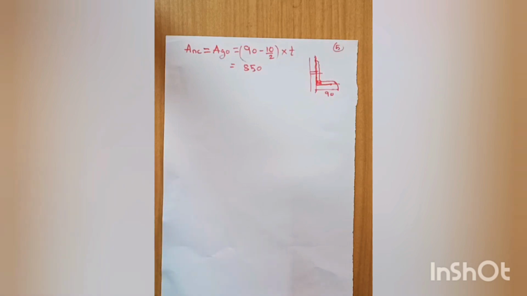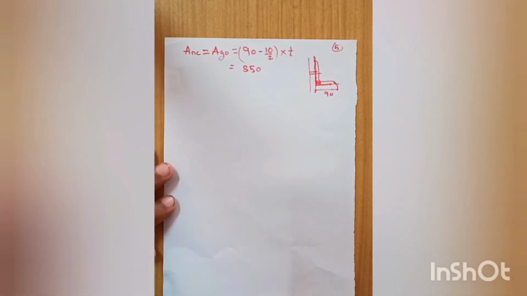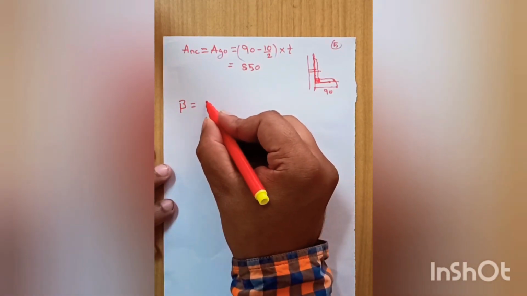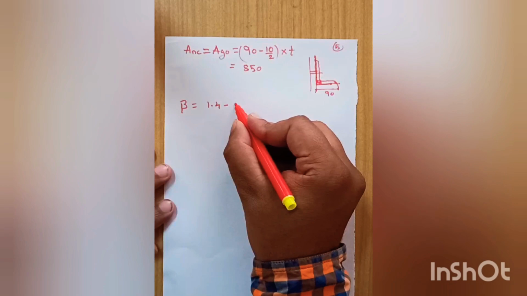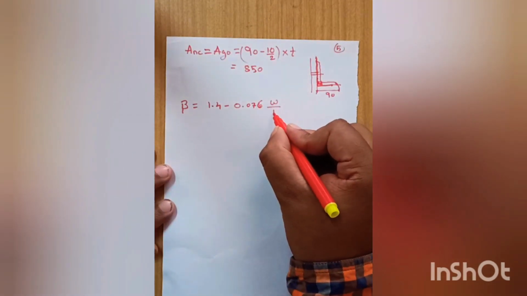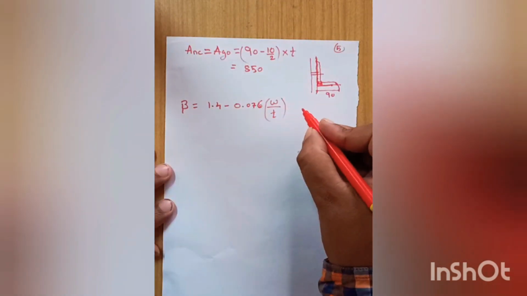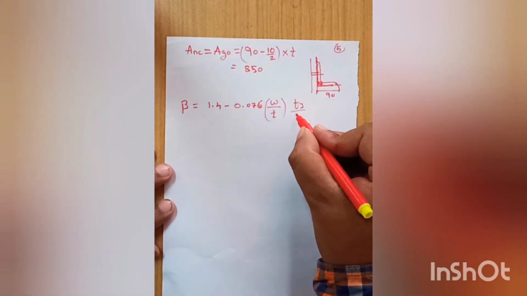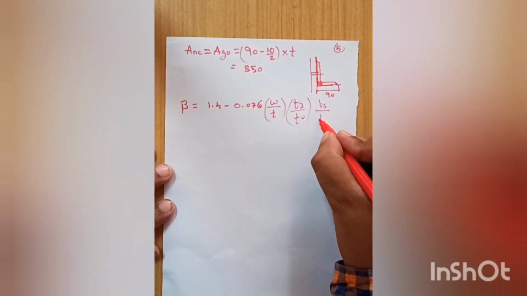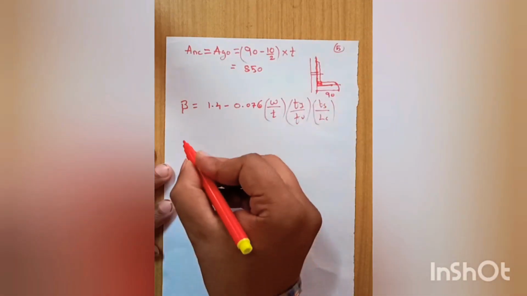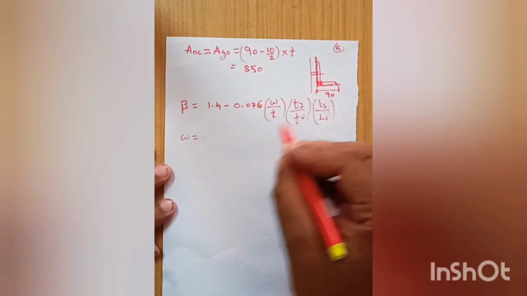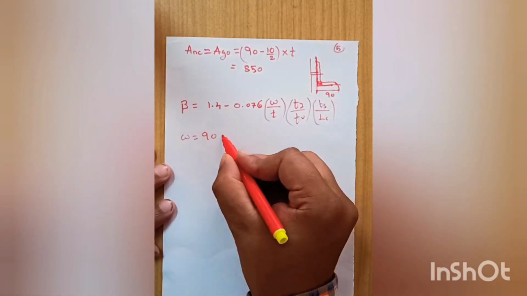So in this equation again we need the value of beta. Beta is given by 1.4 minus 0.076 w by t, Fy by Fu, bs by Lc. W is the outstand leg width from here to here, it is 90.